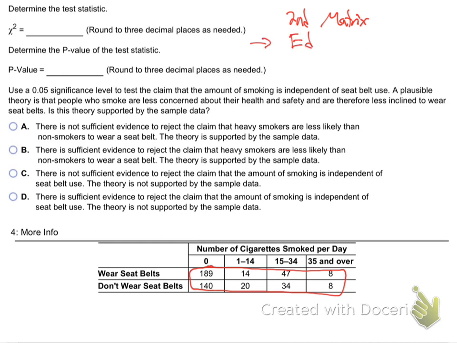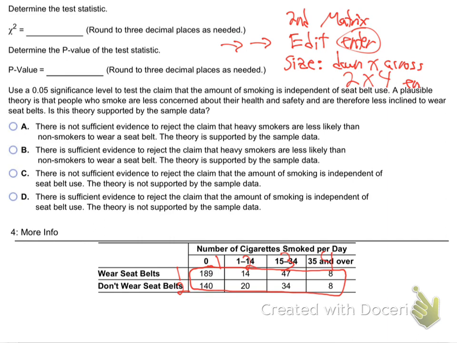You go over a couple of times to the edit menu, and then you hit enter. And then you enter the size of the matrix. You always go down by across. So this matrix is 2 rows down and 4 columns across. It's a 2 by 4 matrix.